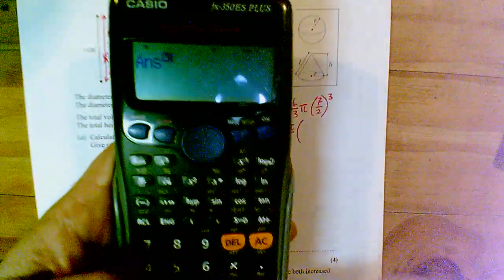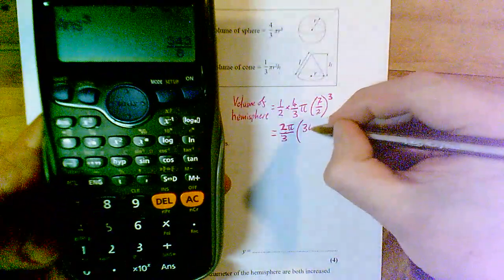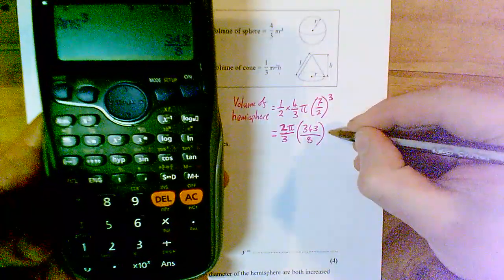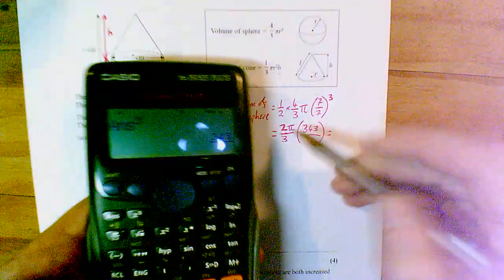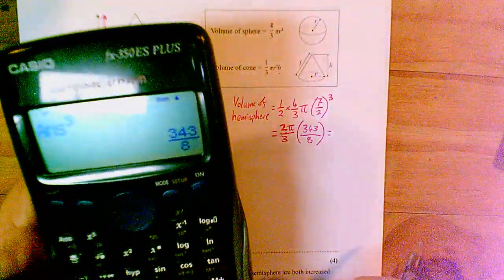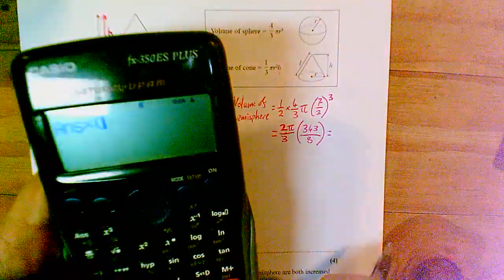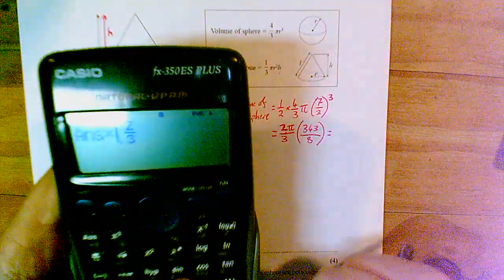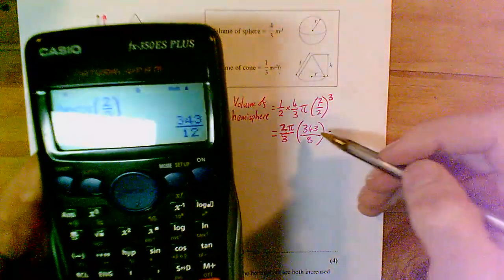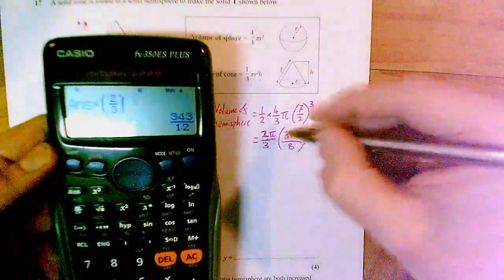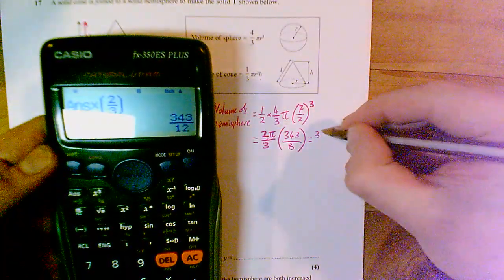7/2 cubed is 343/8. Now to help keep things simple, and you don't have to do this, I'm going to keep things in terms of pi. So that multiplied by 2/3 gives me 343/12, and that's 343 pi by 12.